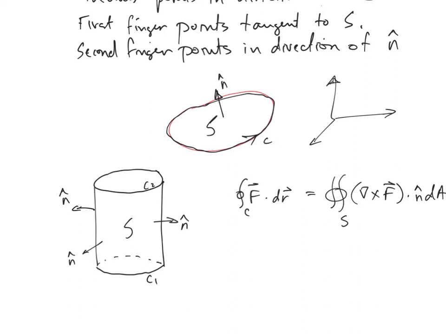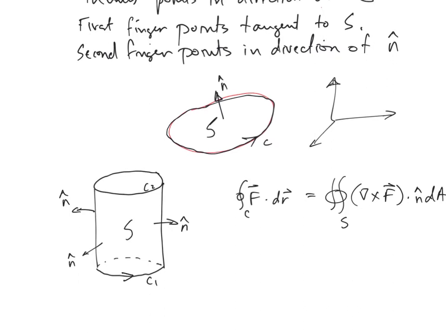Well, if I point my thumb in the direction of C1 to the right, my cylinder wall goes straight up. Yep, and n hat would come out. Correct. Okay, anybody not get that? Okay, what about C2? How do I have to orient C2?